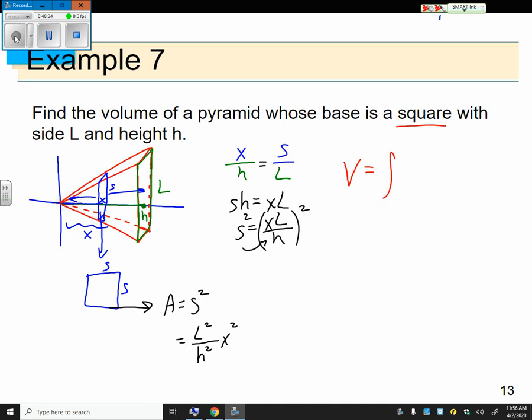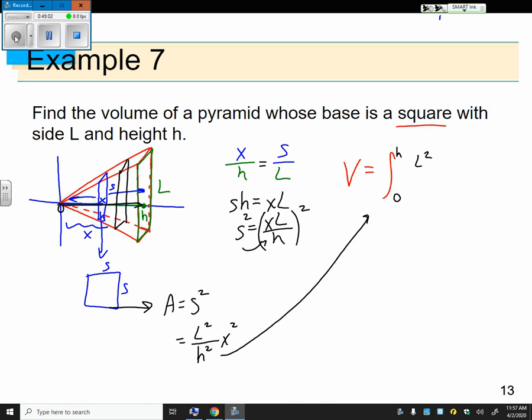But I know that I'm going to have all these different cross-sectional areas in here that are starting back here at 0 and going all the way to h. So 0 to h is going to be my upper and lower limits of integration. And then from there, bring up my cross-sectional area.